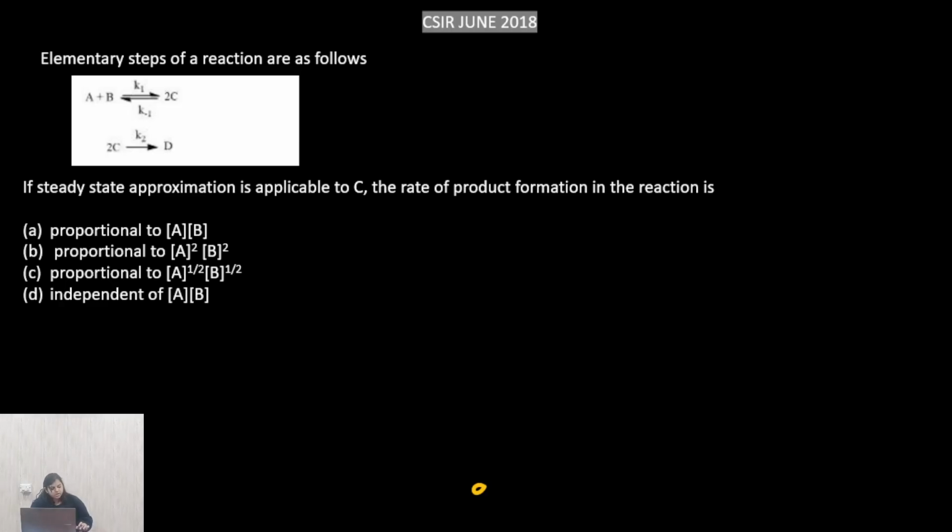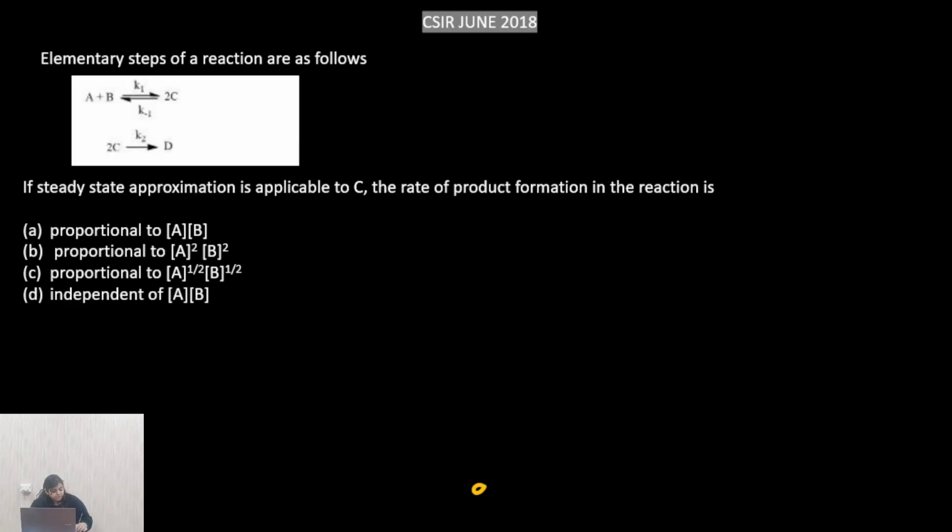You see here it is not mentioned which one is the slow or the fast step of the reaction, and also for the equilibrium it is not mentioned that it is fast. So the equilibrium approximation we cannot apply, because the essential condition is that there should be a fast equilibrium, and this is not mentioned here.